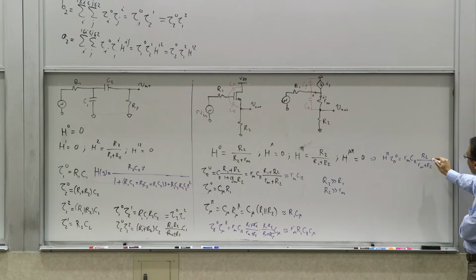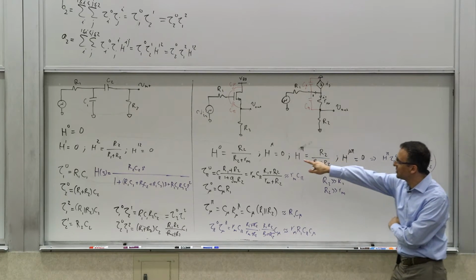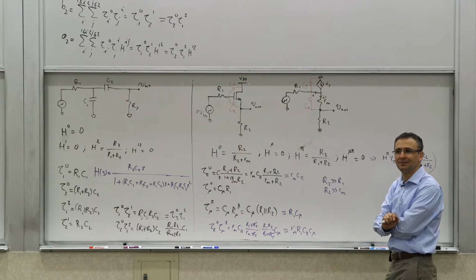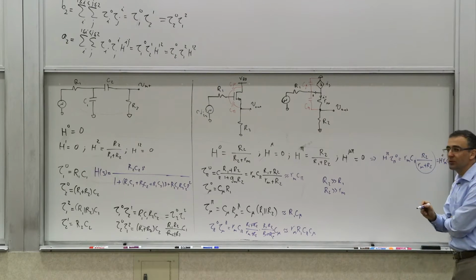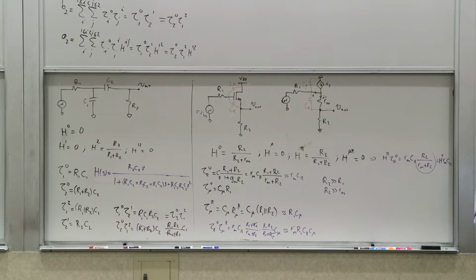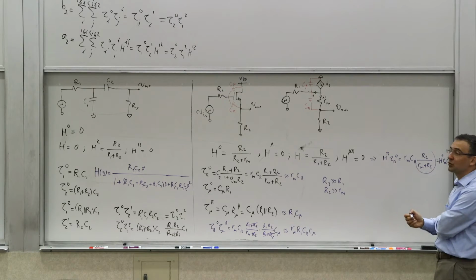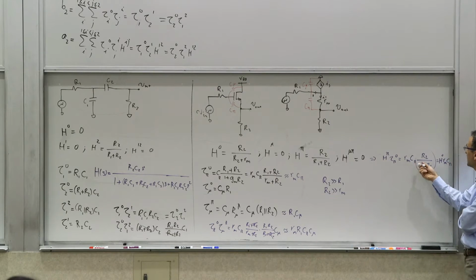But you also notice that this is simply H0. So you can write it as H0 times Rm C pi. Why is this a useful form to write? Because if you factor H0 from the numerator, you're left with the unity gain, the DC gain is factored out, right? So it allows you to do that. If you can write any of the numerator terms in terms of H0, do it, because it allows you to simplify the factorization.